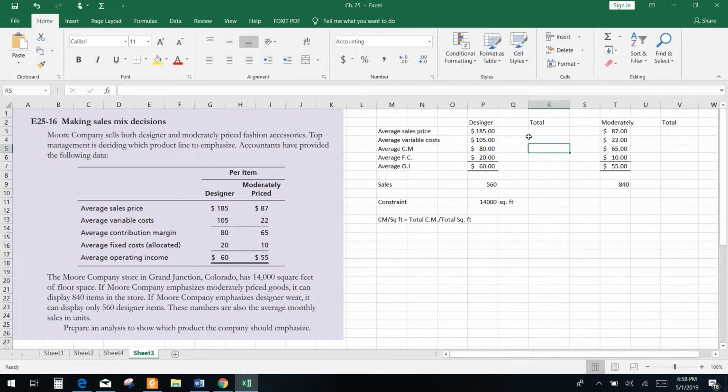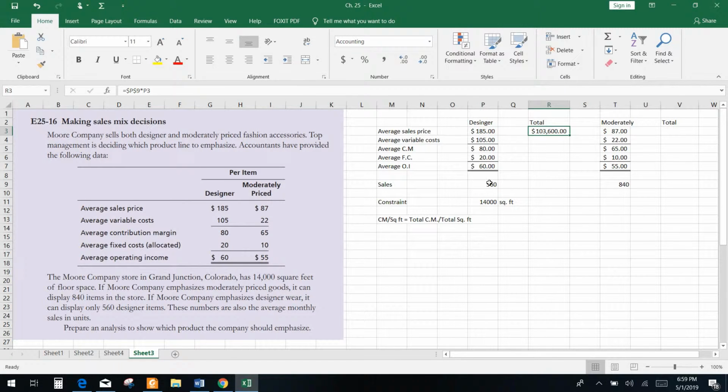So all I'm going to do is multiply out all these numbers based on the sales to get the total average sales. I'm going to get the total variable cost, and then finally get the total contribution margin, divide that by the constraint, and whichever one is higher, that's the one that we should emphasize more. So I'm going to quickly do this: take the sales number, fix that, multiply it times this value to get the total sales.